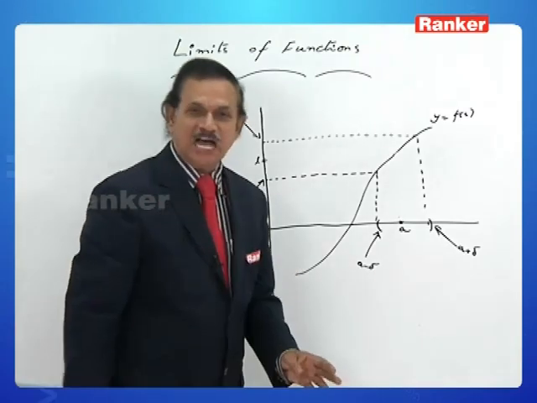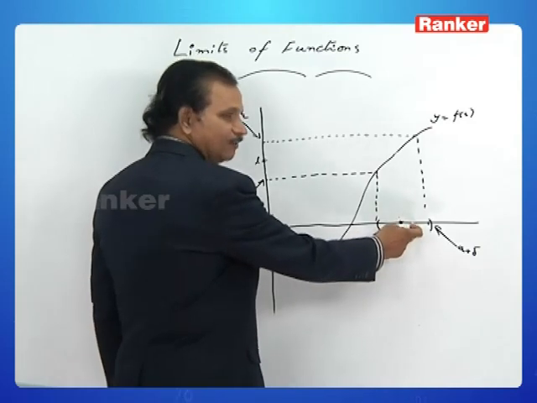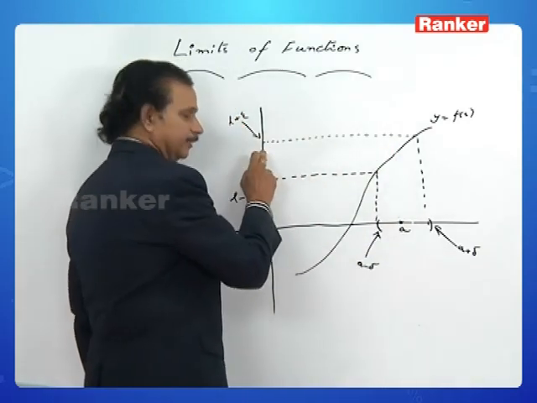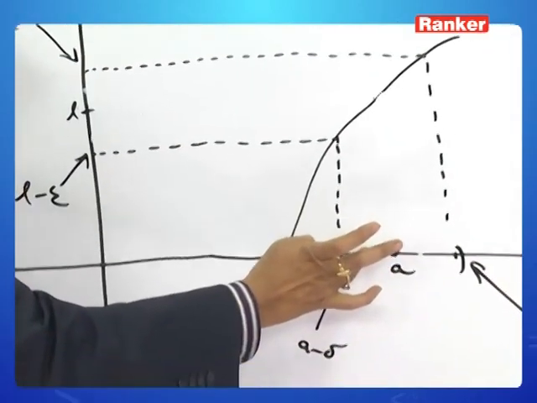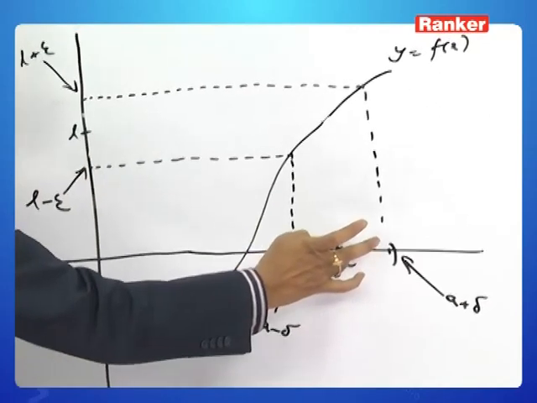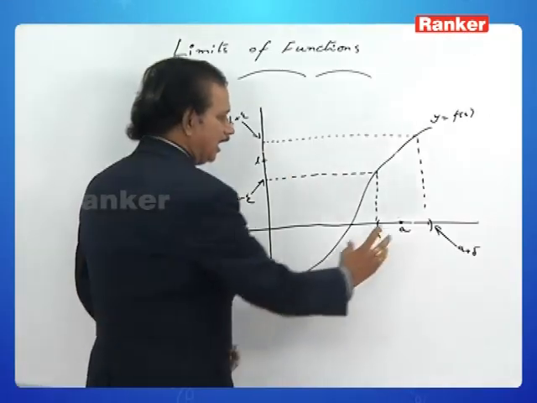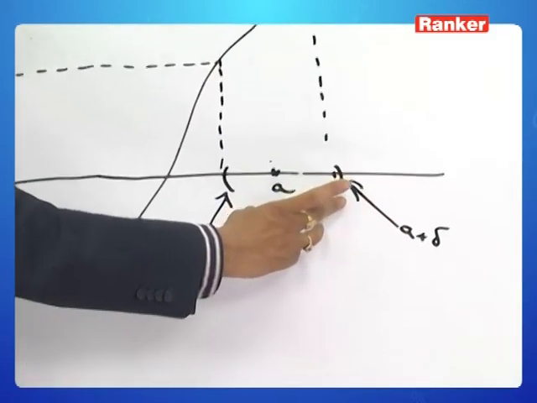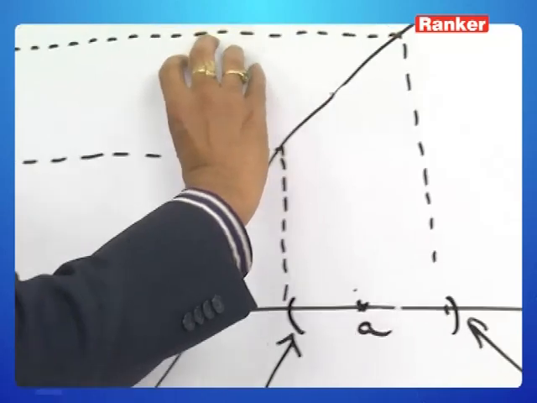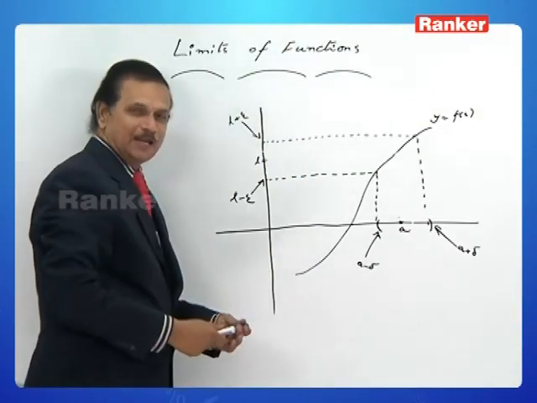What can we observe from this diagram? If x is here, f(x) will be here. If you take x here, f(x) will be here. So, for all those values of x between a − δ and a + δ, f(x) will be in the interval (L − ε, L + ε).